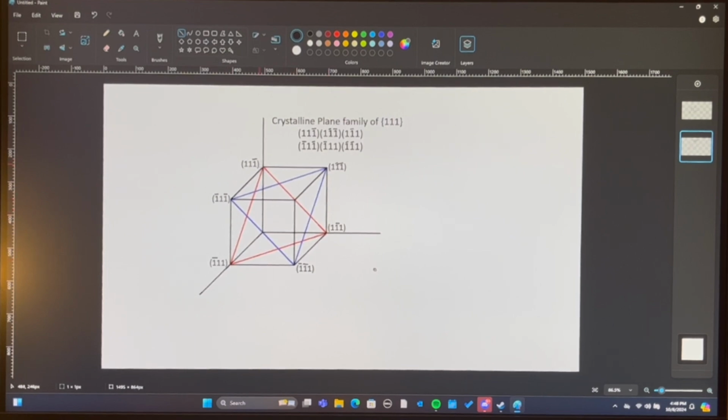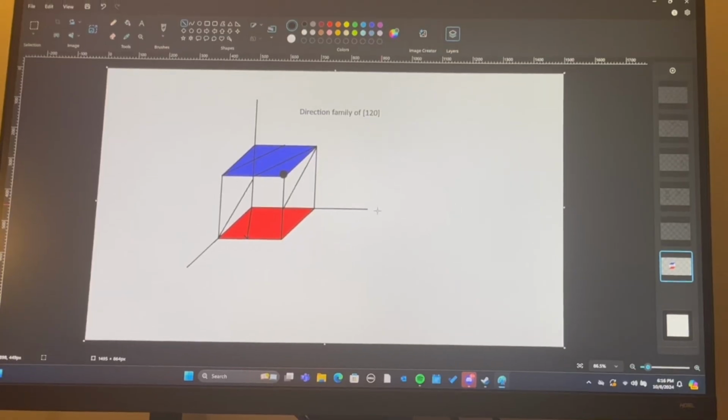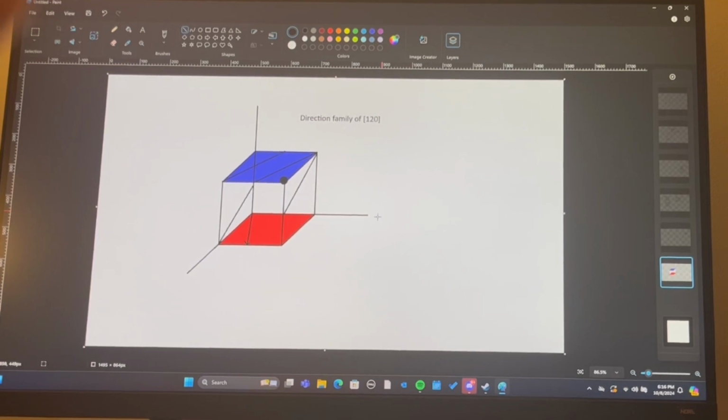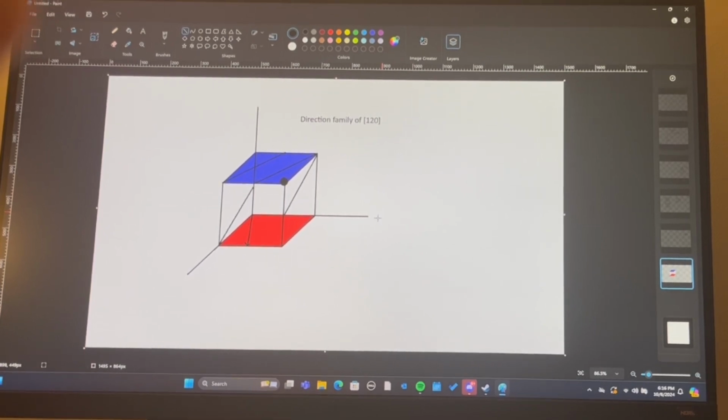If we plot it from here, we would get 1, 1, 1 with the z as the negative. With this one, we get 1, 1, 1 with the x as the only one that's positive, and so on and so forth. This is all the planes in the crystalline family of 1, 1, 1. This is the direction family of 1, 2, 0.